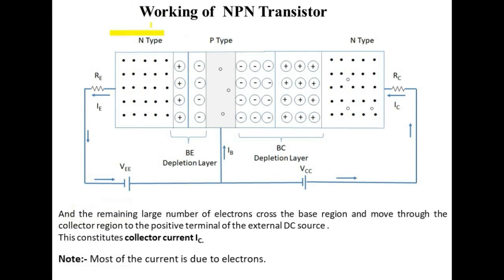Let us suppose 100 free electrons are trying to cross the junction, and 2 were recombined in the base, and 98 were able to cross the base to reach the collector junction. This is an example only.